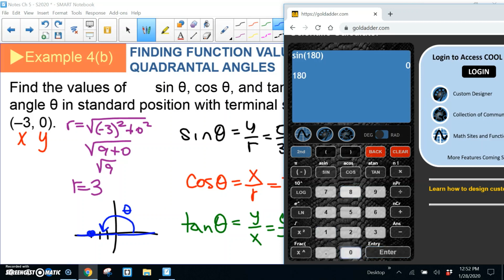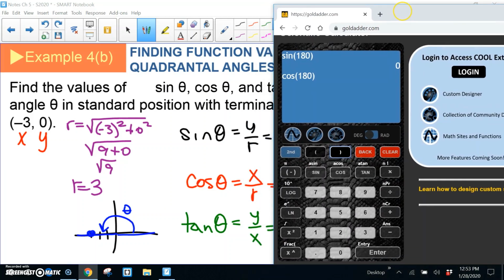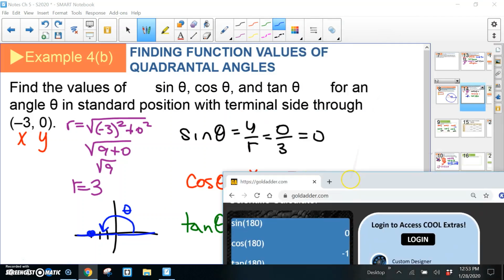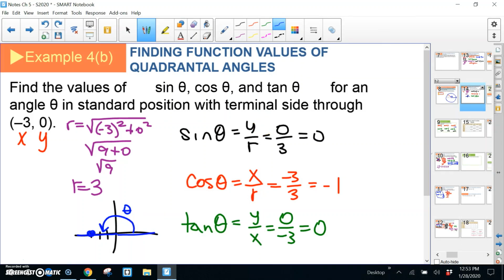Cosine 180, anybody know? What do you think you're going to get? Negative 1. Tangent 180, it's going to be 0. Okay, that's what I've done. We didn't know the angle. We didn't think about the angle. We didn't need to know the angle, but that's what we've done. Okay, we got 0, negative 1, and 0.